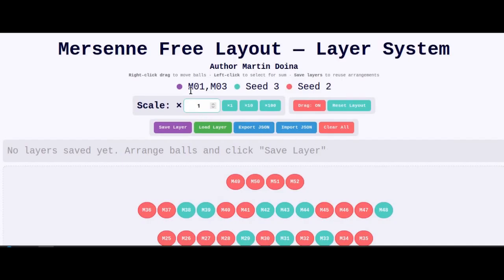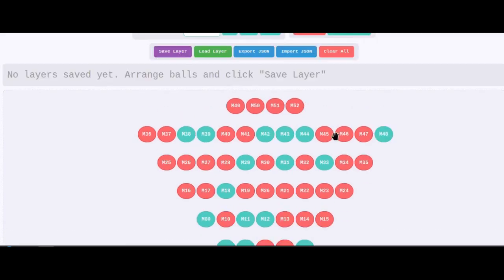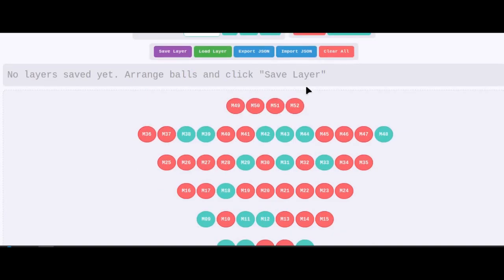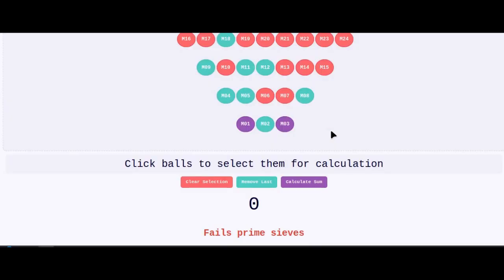Look at this pyramid. Each ball represents a Mersenne exponent, color-coded into 3 groups based on their mathematical properties: purple, M01 and M03, the special small primes 2 and 5; teal, seed 3, 18 exponents including M02, M04, M05, M08, M09, M11, M12; red, seed 2, 32 exponents including M06, M07, M10, M13, M14.